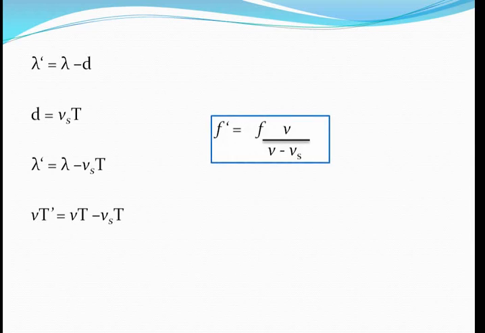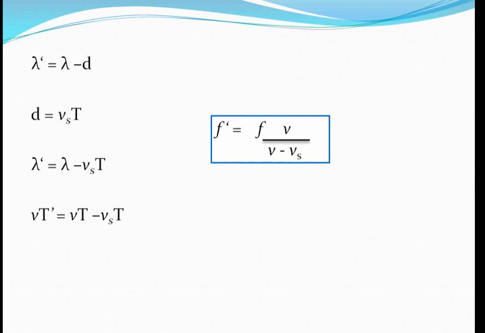So lambda dash, the apparent wavelength, can be written as speed into the new time period equal to v into t, is speed of the wave in reality into the actual time period minus the speed of the source into the time period. On inverting this equation and simplifying, we get the apparent frequency experienced by the observer is f into v divided by v minus vs, where f is the original frequency emitted by the source.